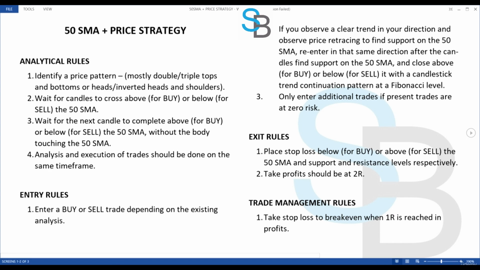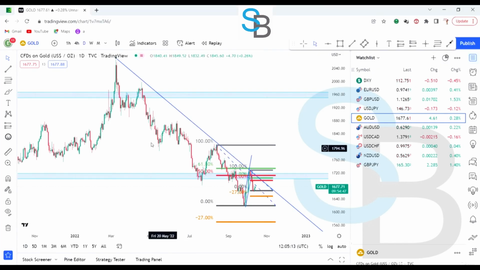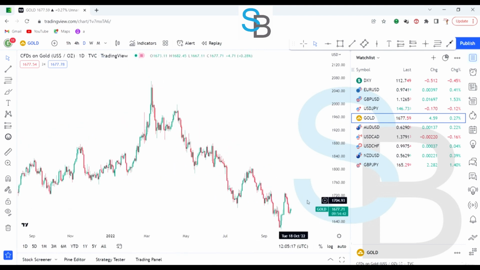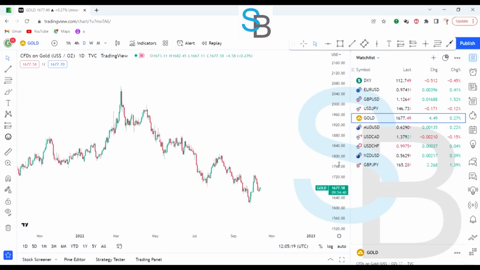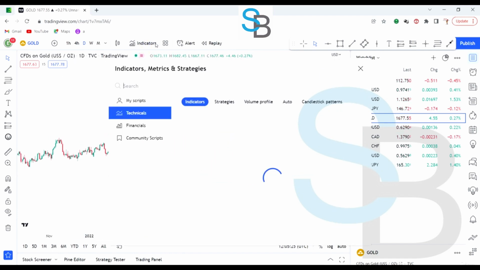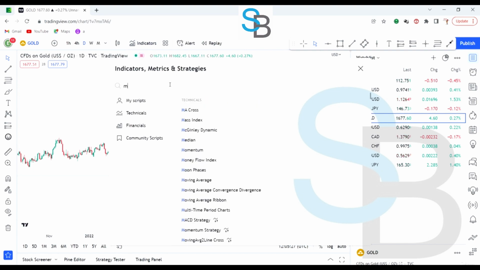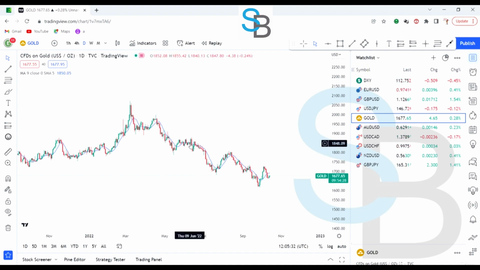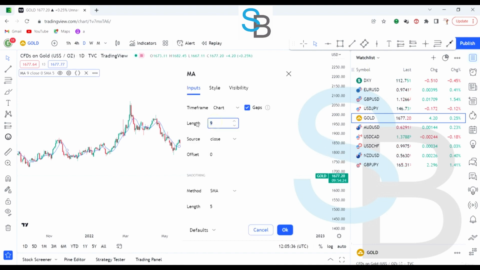Okay, so let us come to our TradingView and just delete everything we have here. Come to indicators, and type in MA for moving average. We're going to add the moving average, click on it and make this 50.